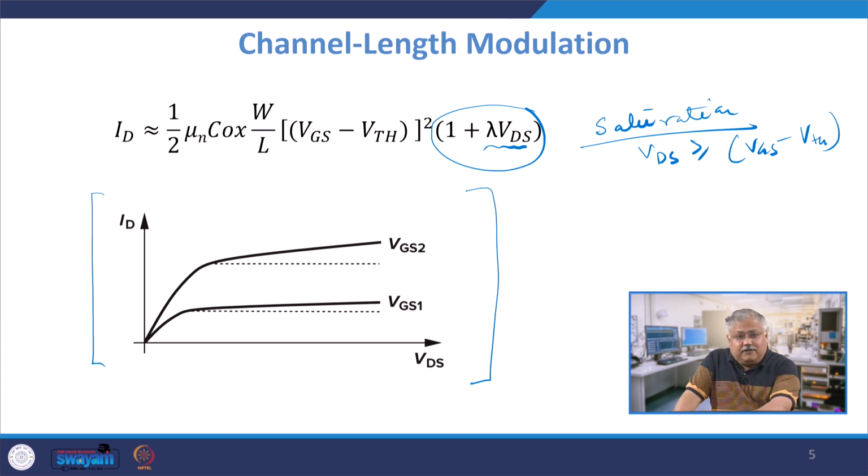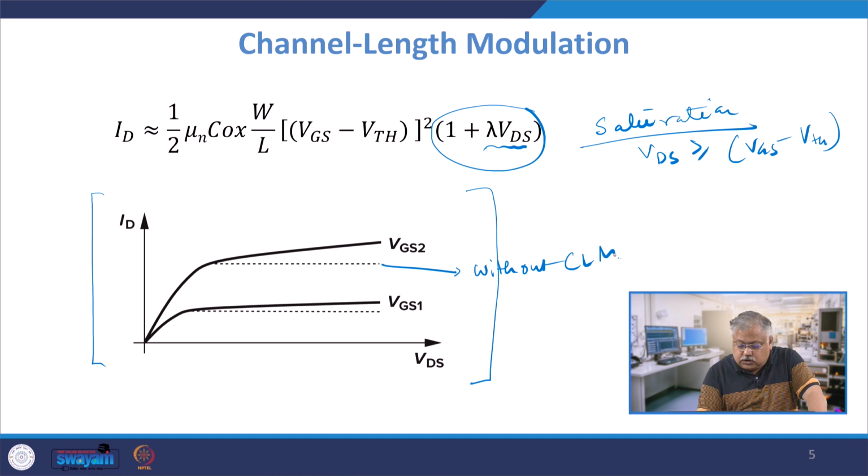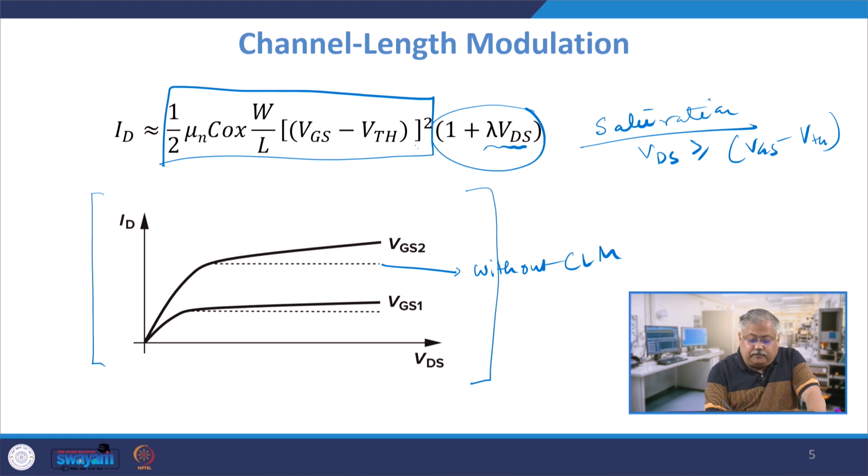This is without CLM. If you look at just this expression only, there is no function of VDS. Therefore, ID is not a function of VDS.